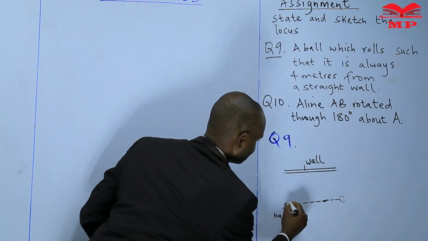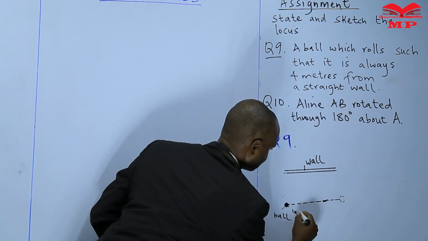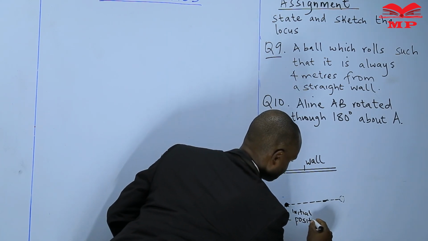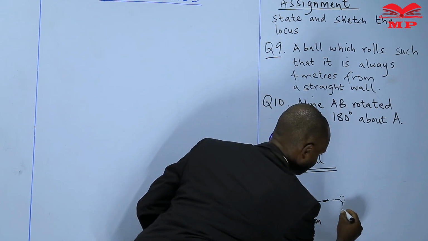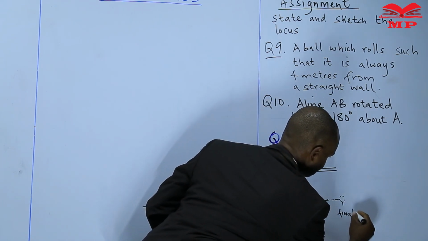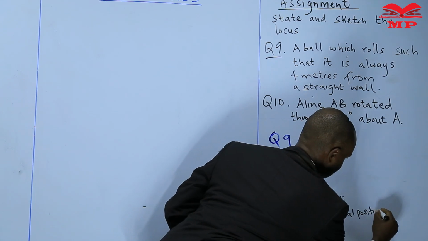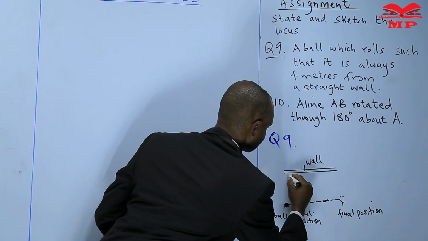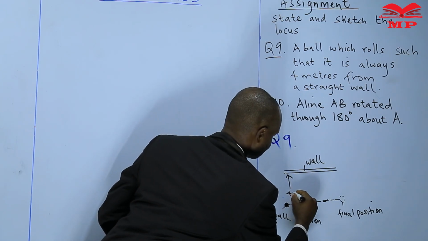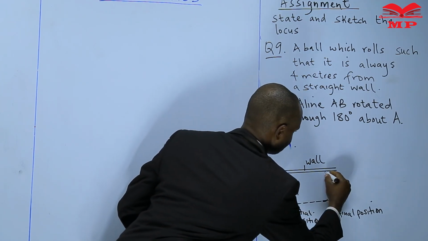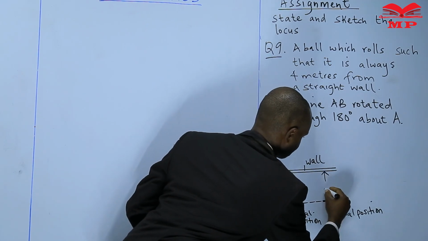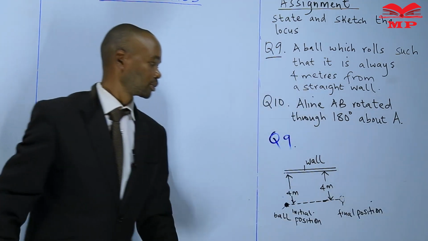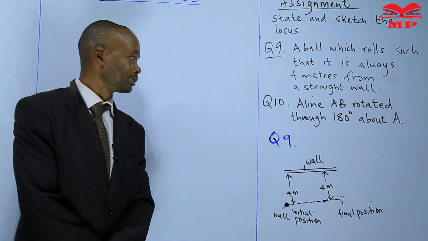So you can take this as the initial position. That is the final position. And that distance, we are told it is always maintained as 4 meters. So that is the sketch for question 9.